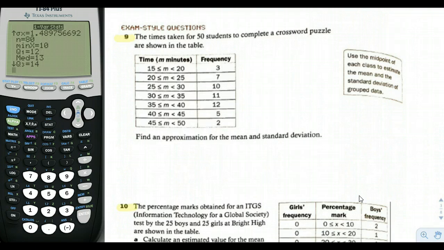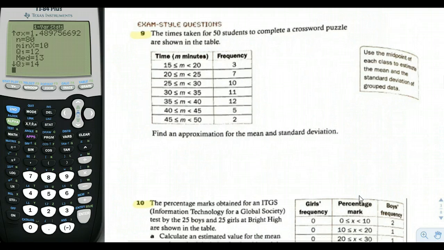Well, remember what we did with histograms. When we have a range like this, we need to take a representative value for each range because we cannot enter the range 15 to 20 into the calculator. What we need to do is find the middle value. In this case, it would be halfway between 15 and 20, which would be 17.5, 22.5 for the next one, 27.5 for the next one, 32.5 for the next one, and so on, okay?